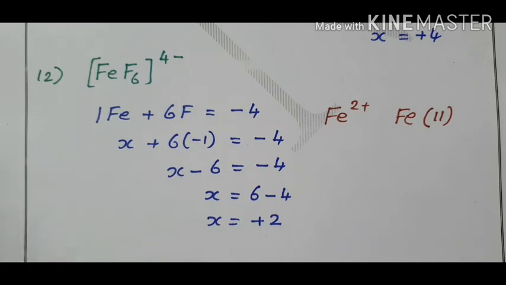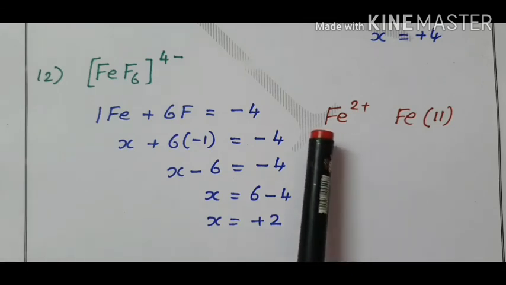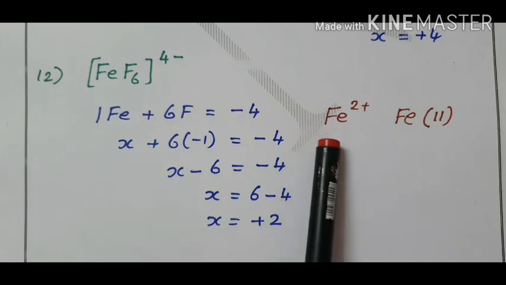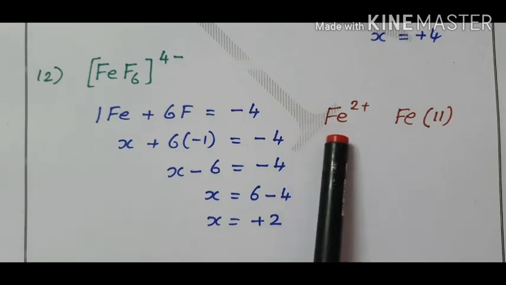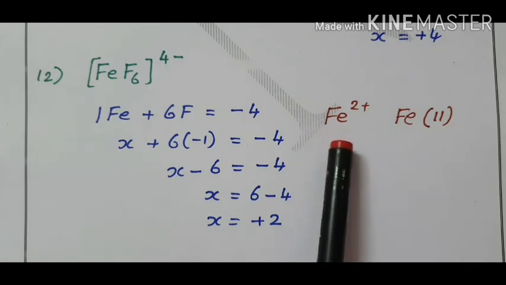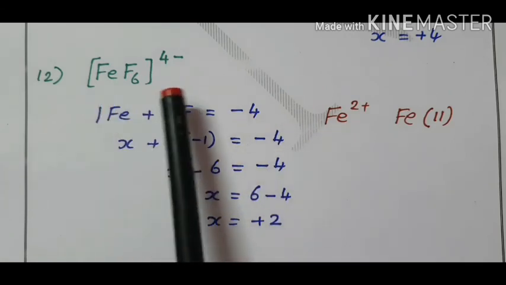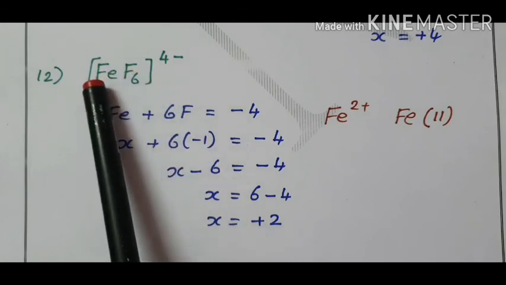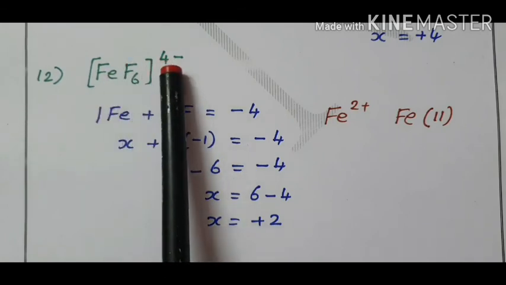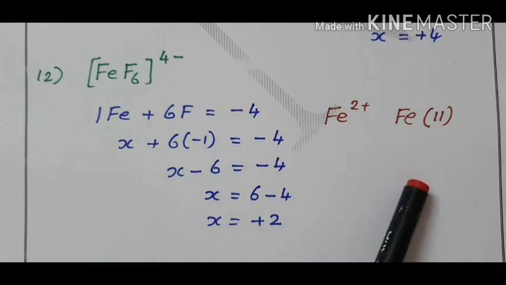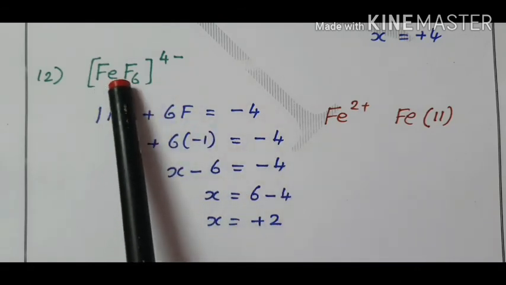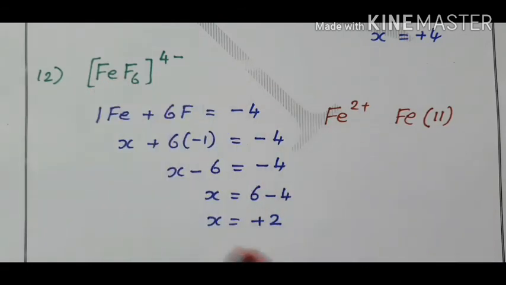Fe has two valencies, we know: one is 2 plus, another is 3 plus. 2 plus means the name ends with -ous, 3 plus means the name ends with -ic, ferric. But in coordination compounds, the central metal ion of an anionic complex ends with -ate. That's why hexafluoridoferrate(II) ion. So, this is about the determination of oxidation state of the central metal ion in coordination compounds.